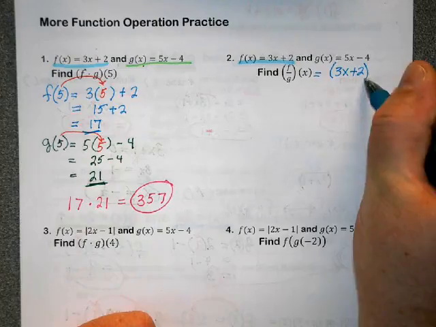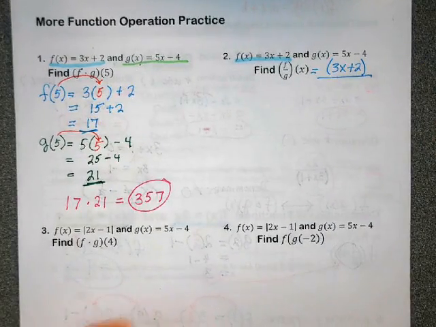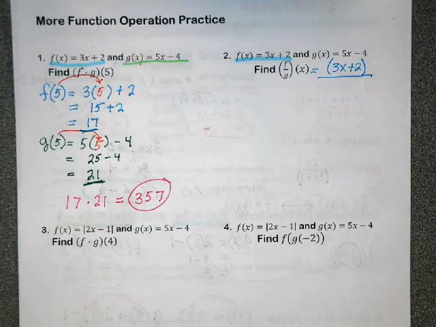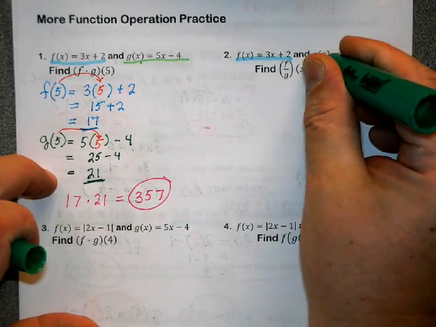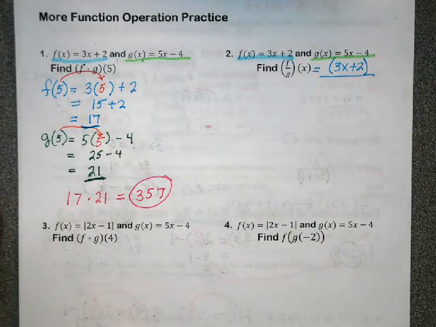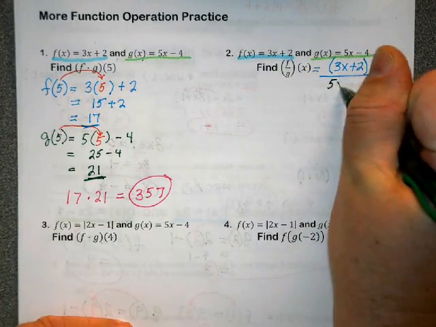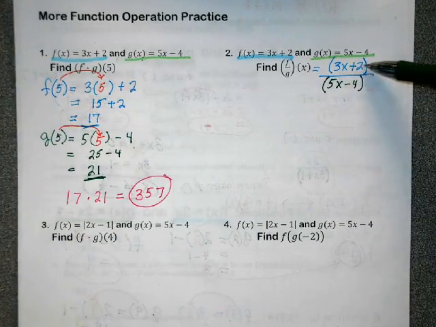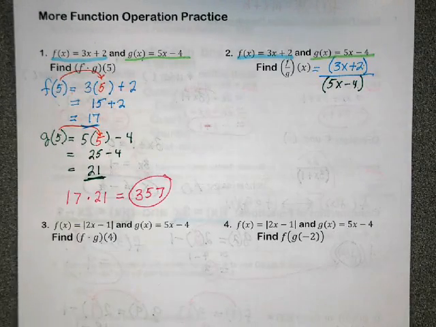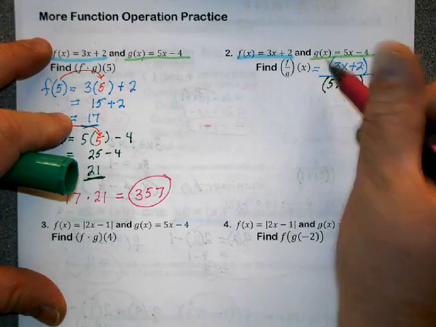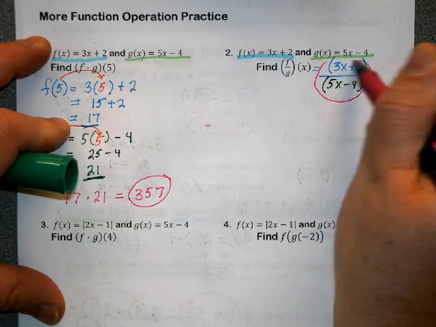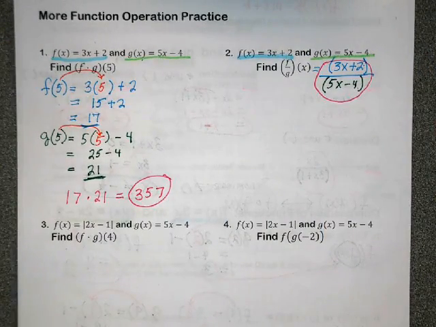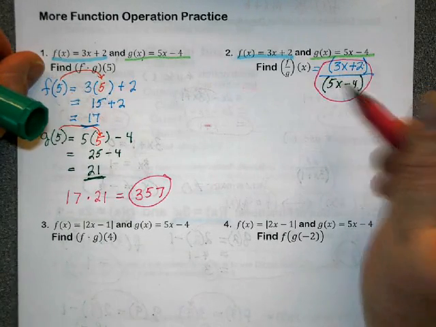And my g function, 5x minus 4, again in parentheses. These are not the same, so we cannot simplify those. When we're dividing, it's just going to stay a fraction. If there's something you can cancel out, then we can simplify, but 90% of the time, you're not going to be able to.